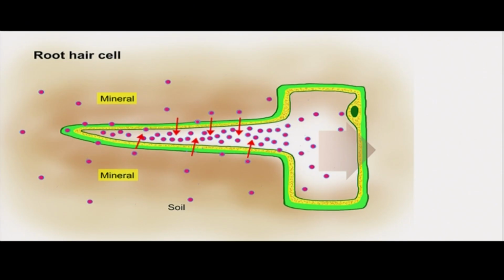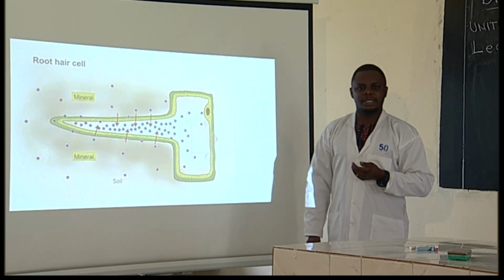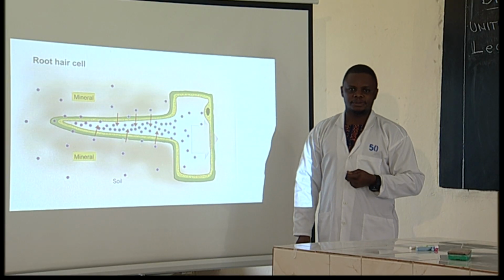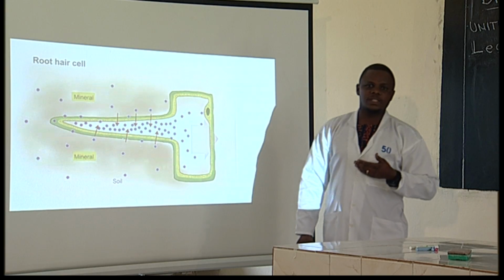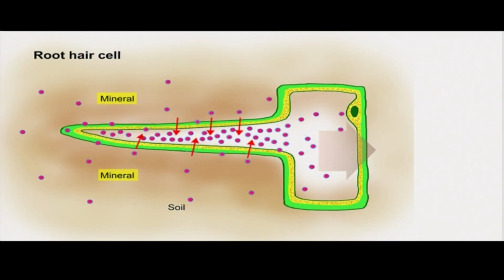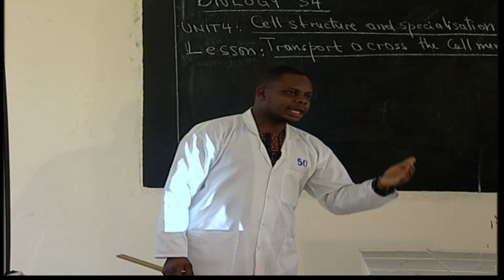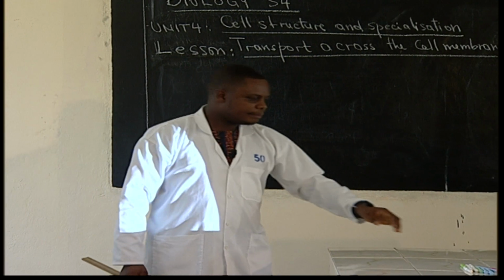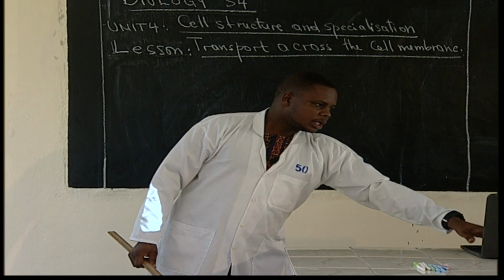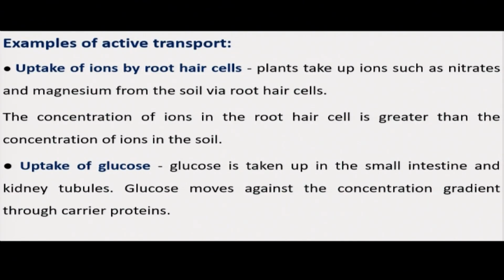Because particles are moving from where they are less to where there are many, there is need for energy from the process of respiration. So active transport is against the concentration gradient because particles move from where they are less to where there are many. Students, here we have seen examples of ions in the root hair cells.